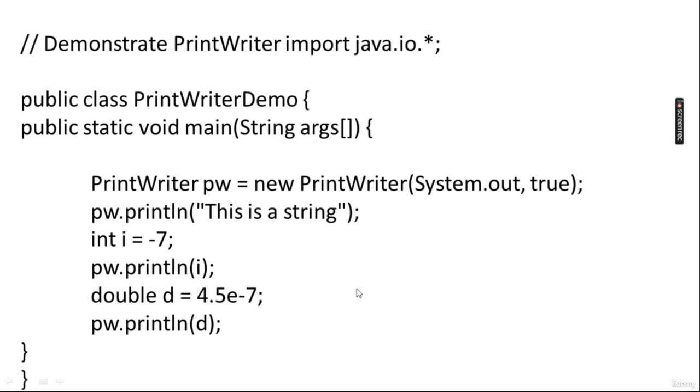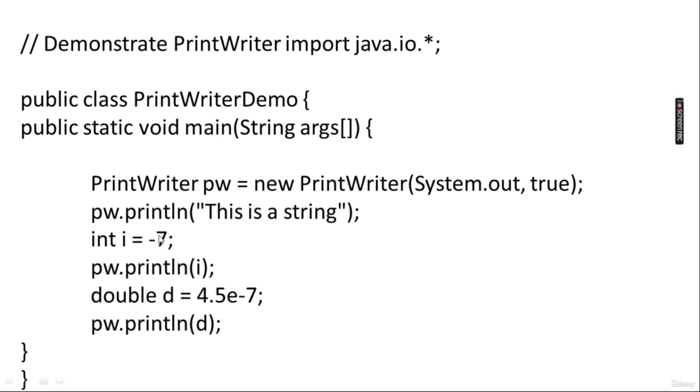So we will see the example for this PrintWriter demo. PrintWriter pw is equal to new PrintWriter(System.out, true). This is the string. Integer i is equal to -7. pw.println(i). So here -7 is not a string, so it will call the toString method.